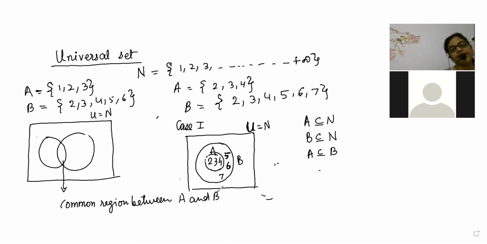Common region between A and B. So if this is A and this is B, then A is having one extra element, 1, which is not present in B. So this region has whatever element is not in B. And here they have two common elements, 2, 3 and 2, 3. So the shared one is the common element here. Now B is having some extra elements which are not in A. So B will be telling, okay, 4, 5, 6 is there in me, which is not in A. So we will separate it out.